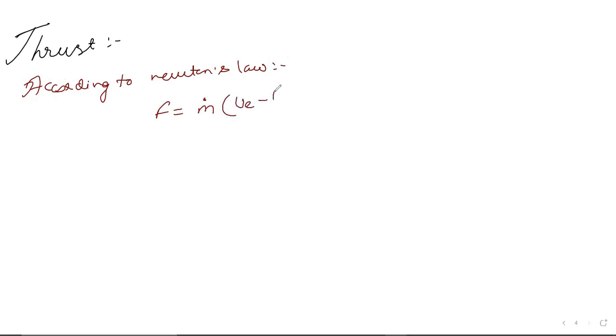According to Newton's law, F = m dot (Ue - U) + (Pe - Pi) A. This is called thrust. Here, F is thrust. M dot is the mass flow rate.